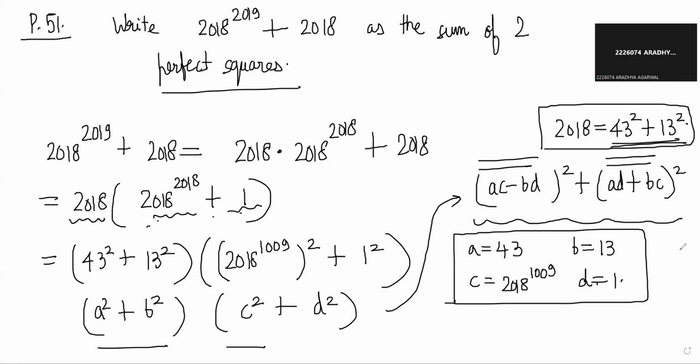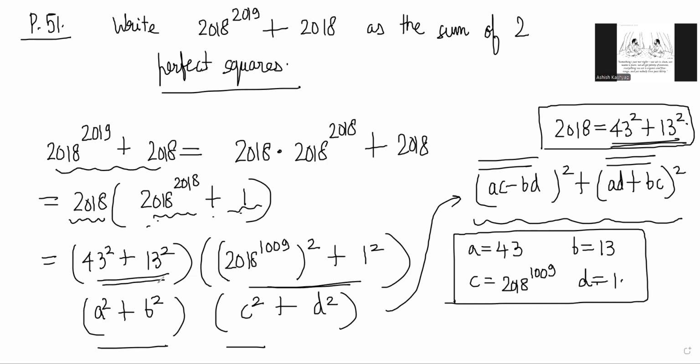Yes. We are able to do this because we got the whole expression as a product of two terms, and each term was itself sum of two squares, right? And then this identity should be known to everyone. This identity helps us express a square plus b square times c square plus d square as the sum of two squares.